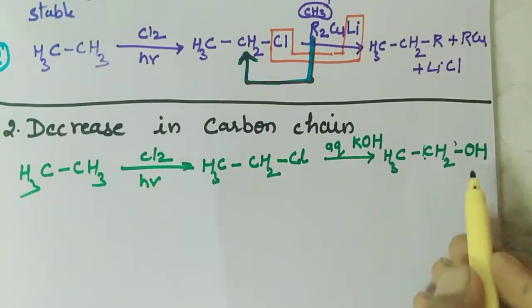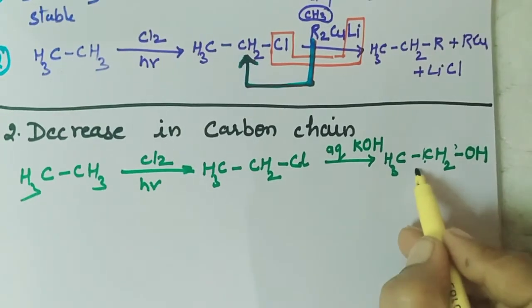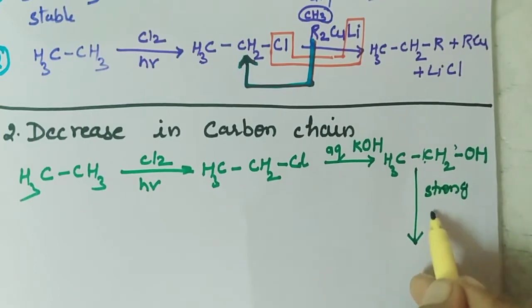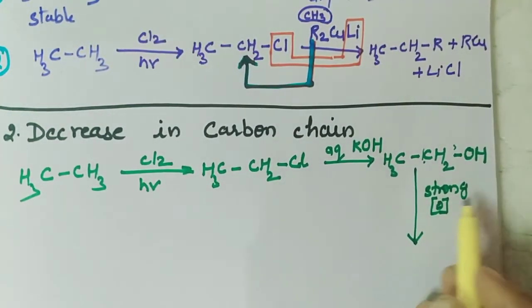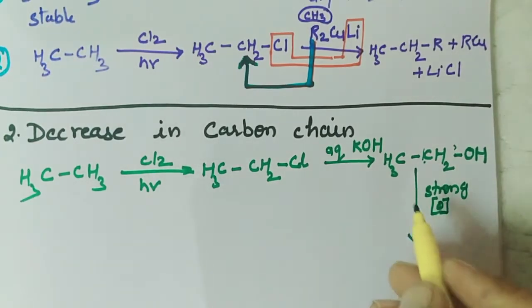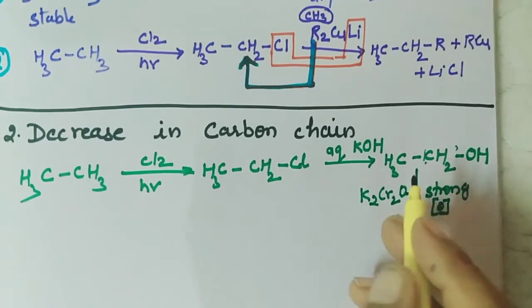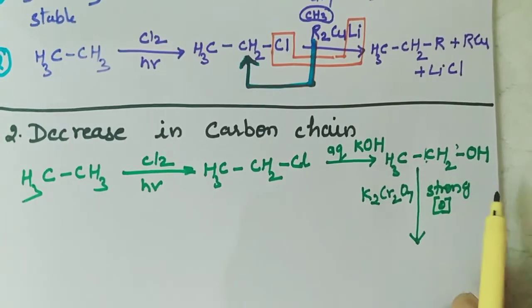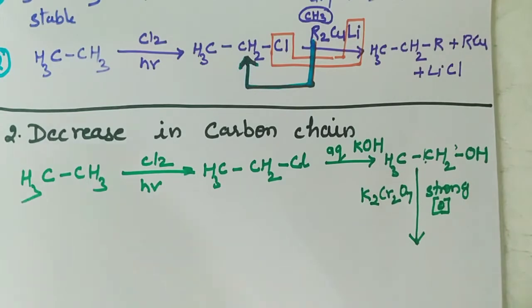Now how to convert this alcohol into carboxylic acid? For this we will be doing here strong oxidation. And also I have told you, for a strong oxidation we will be taking K2Cr2O7 और पोटेशियम परमैंगनेट in acidic medium. जैसे ही हम इस अल्कोहल में strong oxidizing agent लेंगे, this will be converted into CH3.